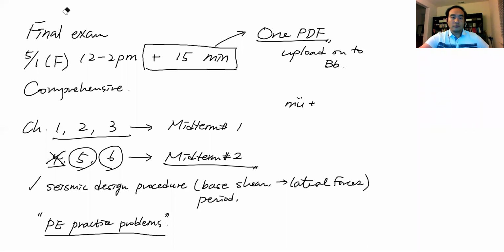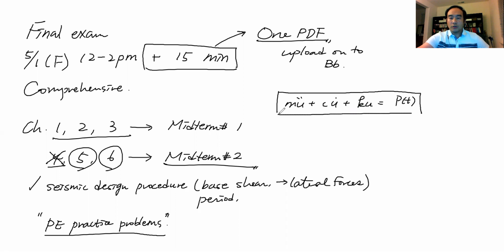So the full generalized equation looks like this. E of t. So this is the equation of motion, when we include or ignore the damping, right?